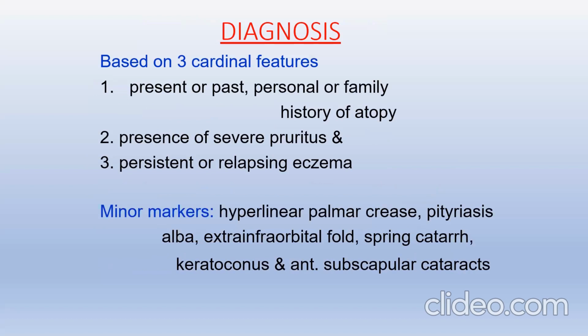Then how to diagnose? So diagnosis is based on three cardinal features. First one is present or past personal or family history of atopy. Means history of atopy, it may be present or past, personal history or family history of atopy, history of allergy.